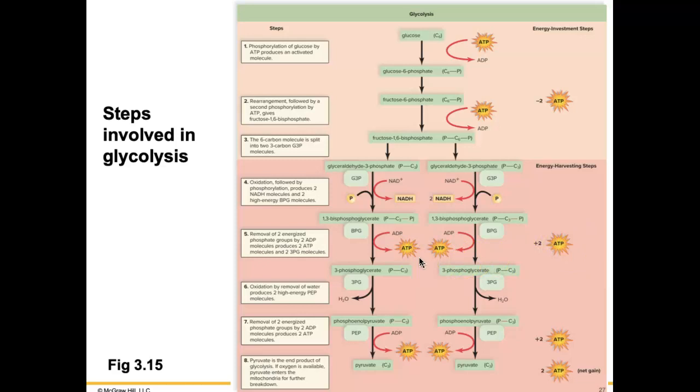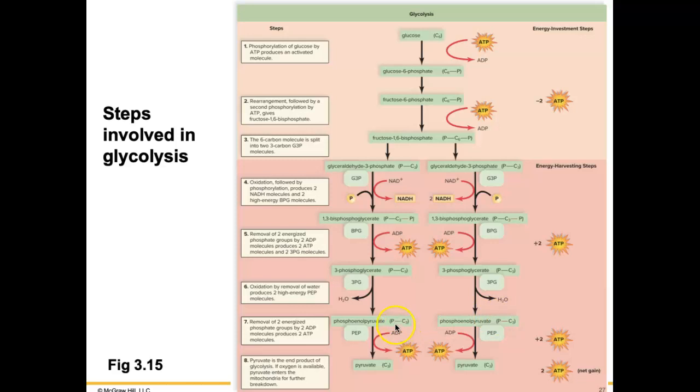From removing that phosphate, we are left with 3-phosphoglycerate, and you could see we've got 3 carbons with a phosphate attached. And at this point, we are going to remove water from the molecule, so 2 hydrogen atoms and 1 oxygen in both of these molecules, which will result in our PEP, phosphoenolpyruvate.